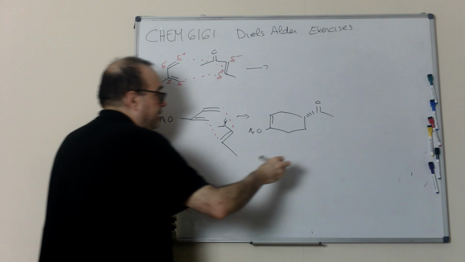Okay, endo approach. That means that the R has to come inside of the diene, and basically this is the reaction that I am doing. If I translate this, what I get is this compound. If we are forming this bond from behind, that means that the methoxide will be inside the slide.